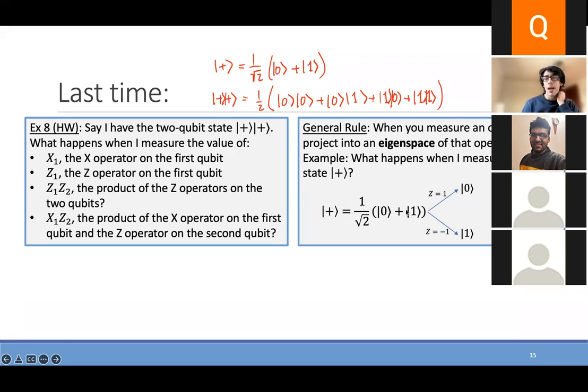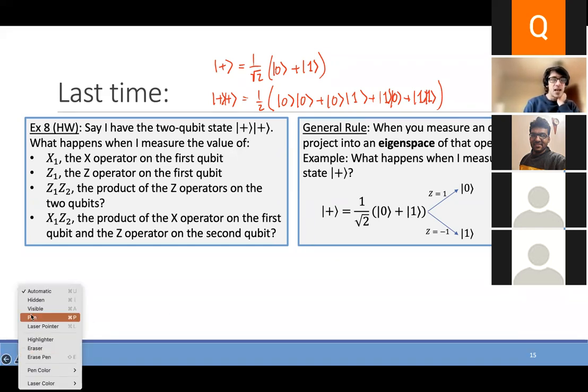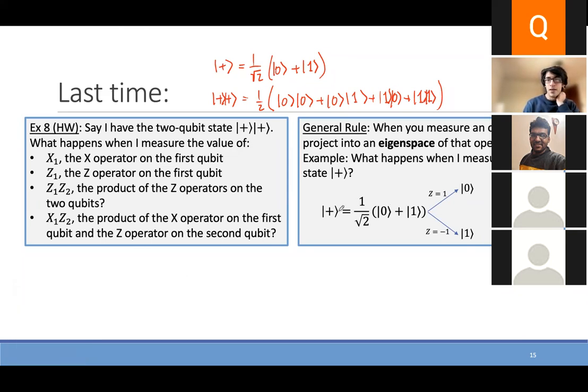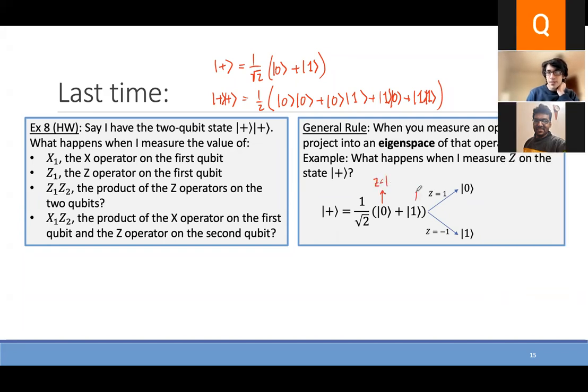If I measure the Z operator, well, the plus state is not a state with a definite value of Z, but we can write it as a state that has Z equals 1 plus a state that has Z equals -1. And then when we measure Z, we'll randomly get one of these options. Quantum mechanics is truly random. If we get Z equals 1, we go into the state with Z equals 1. And if we get Z equals -1, we go into the state with Z equals -1.